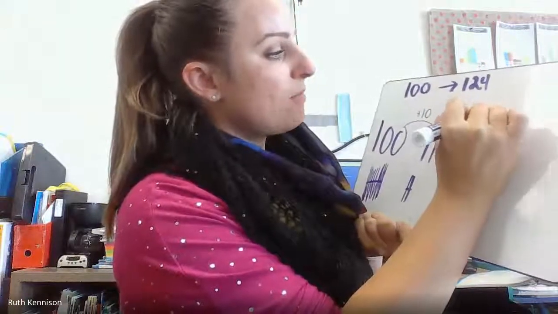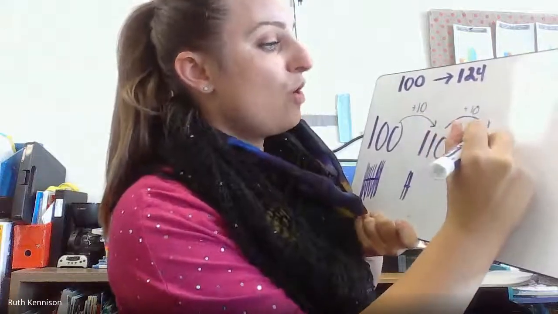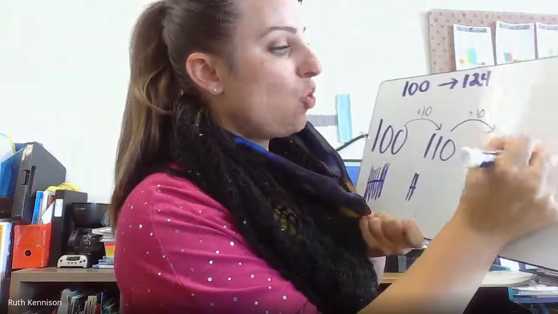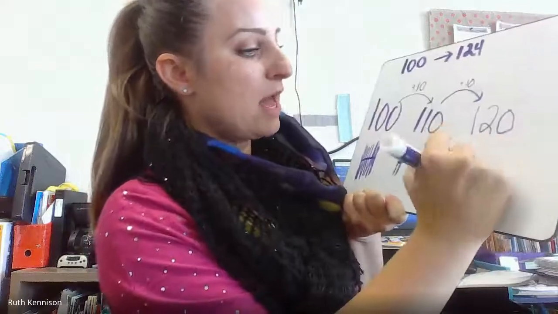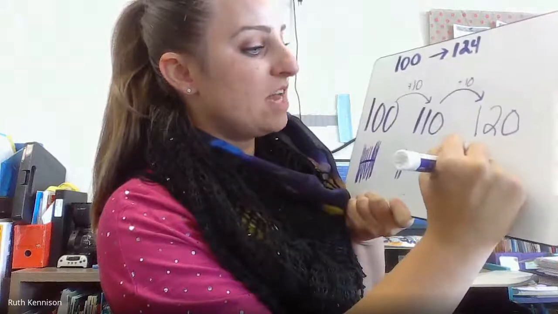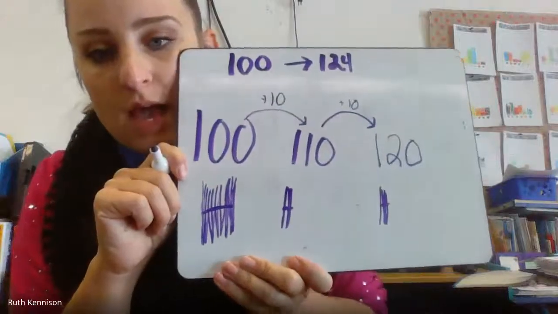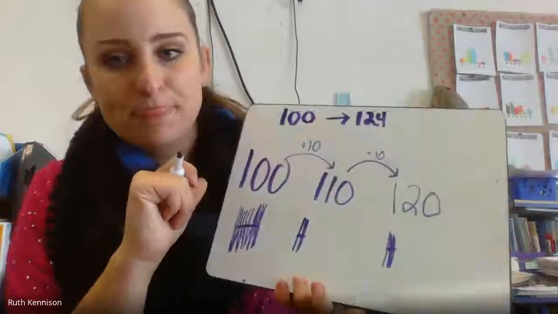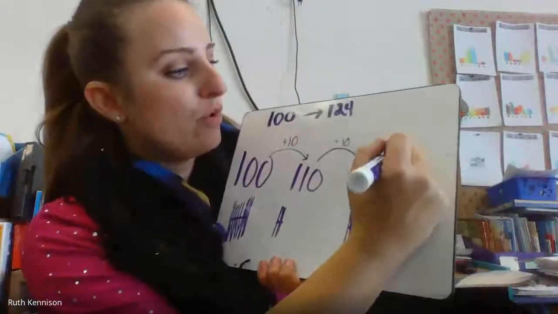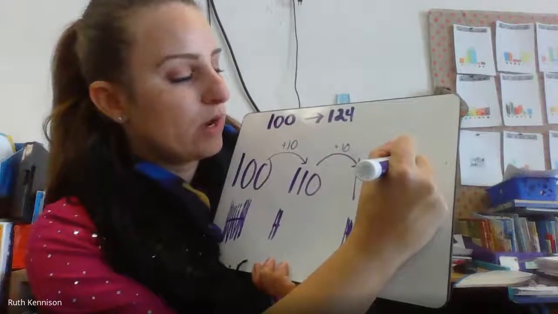We're going to count by 10 more to get to 120. And I'm going to add another little bundle of 10. If it asks me to draw pictures, that's what it's going to look like. Okay. And then I need to get to 124, right?